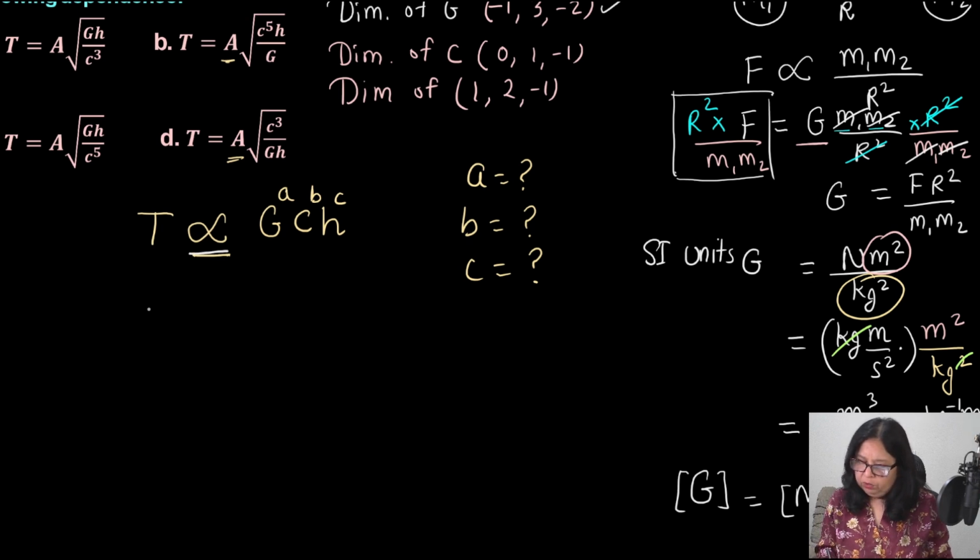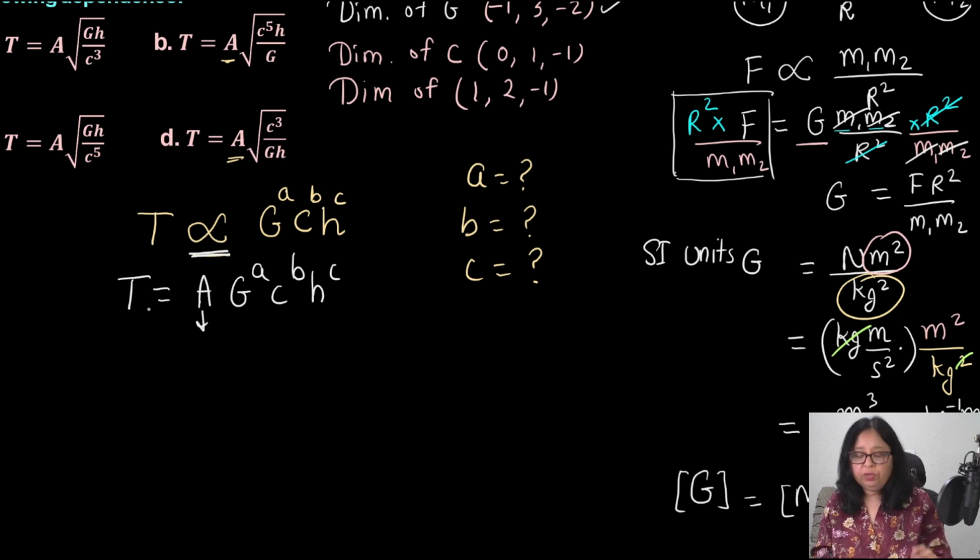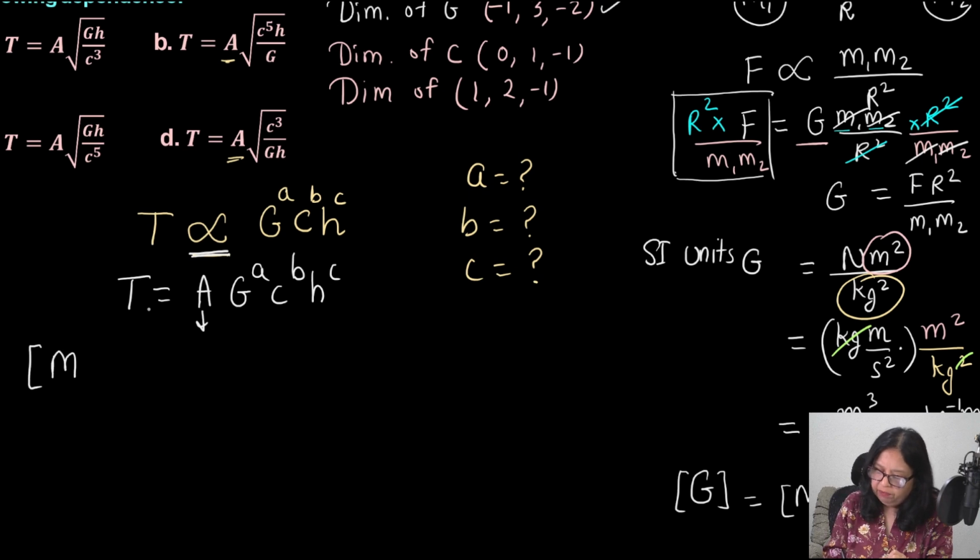I'm going to remove this symbol of proportionality and introduce a constant A. This A is dimensionless and therefore unitless. Now, in terms of the dimensional formula, on the left-hand side, I got just time, M0, L0, and T1. A is dimensionless, so let's not worry about this.